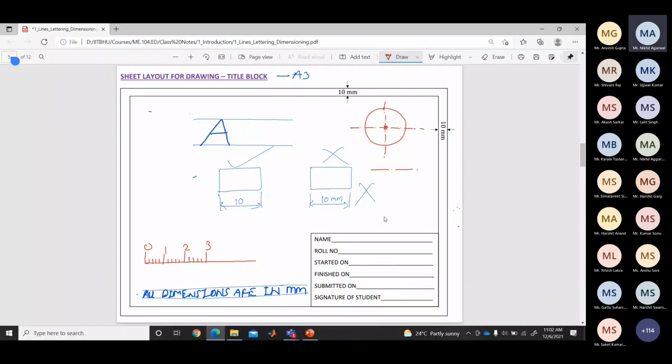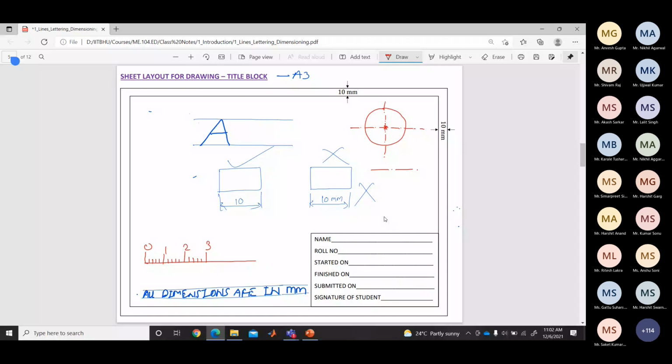In some cases, in the case of a single PDF, you can make only a single title block. That is also okay. Because in some cases you have to attach, let's say, 4-5 sheets, so just for convenience, you put the title block on a single sheet.